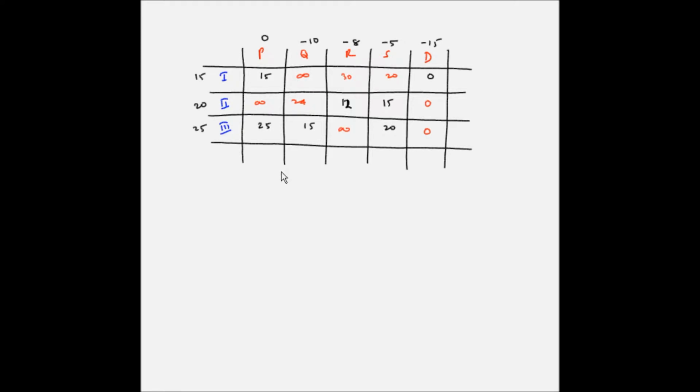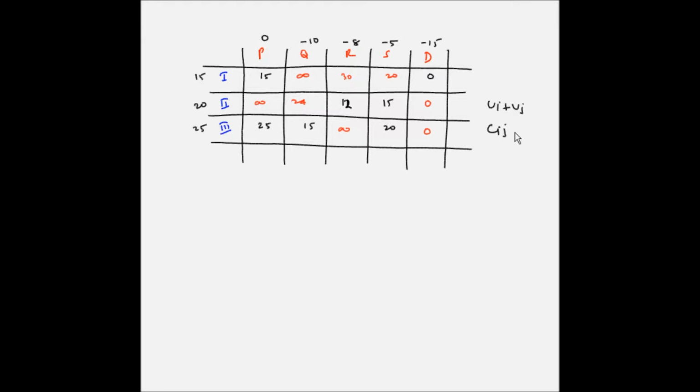Now the next step is to calculate the net cost change for each of the water squares, that is the squares without any allocations.